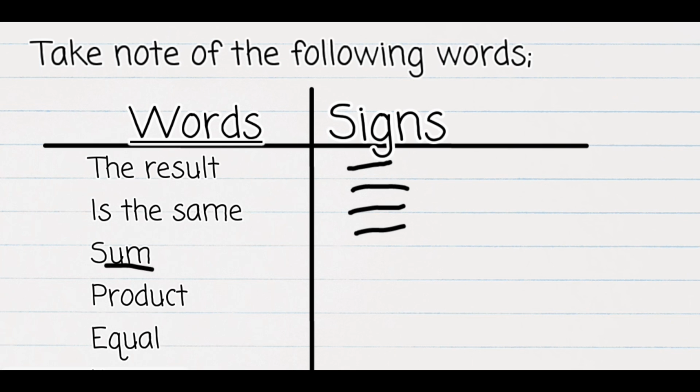Sum is the same thing as your addition sign, and product is another way of saying times or multiply, and equal is another way of saying equal to. Now take note of the following words when you are solving word problems.